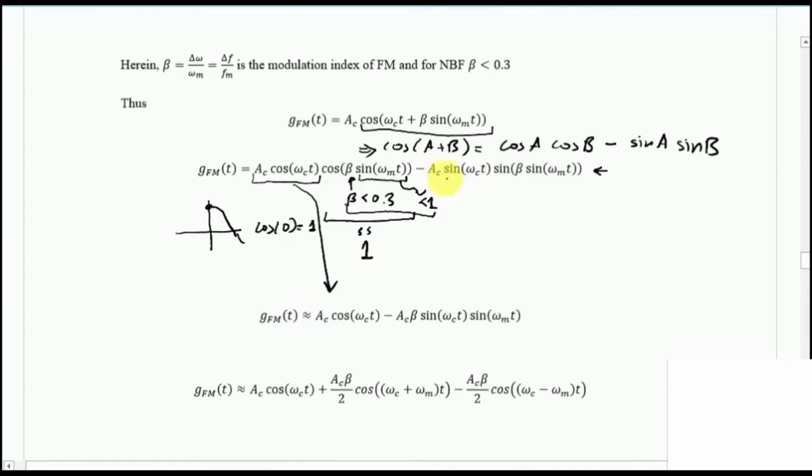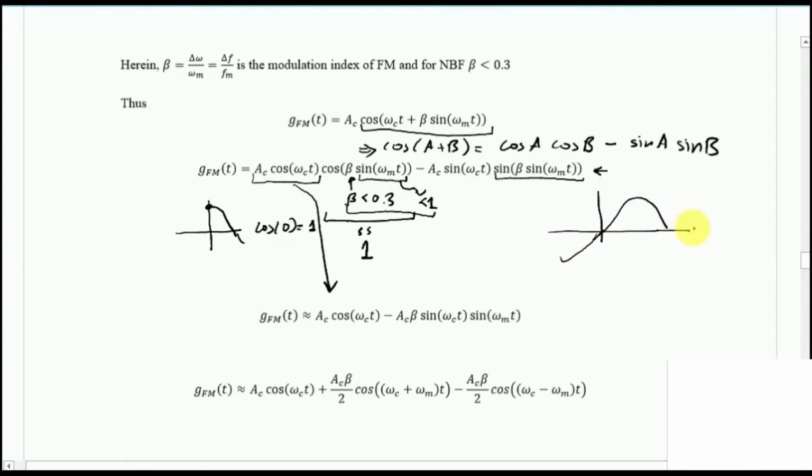Right. Similarly, this function sin(β sin ω_m t). Again, β has a small value for the narrowband FM, so less than 0.3, and similarly sin ω_m t is small. So you can observe that the behavior of the sine function is something like this.